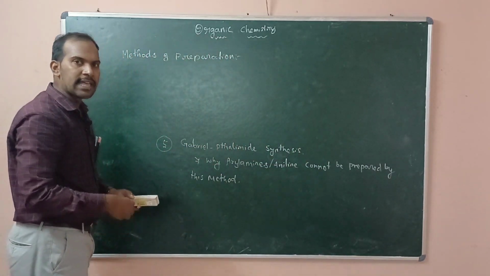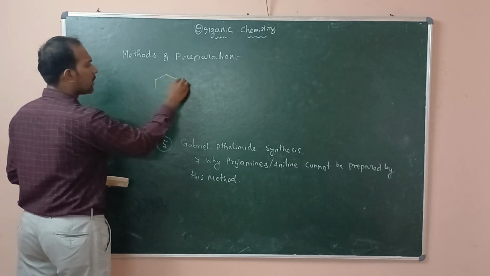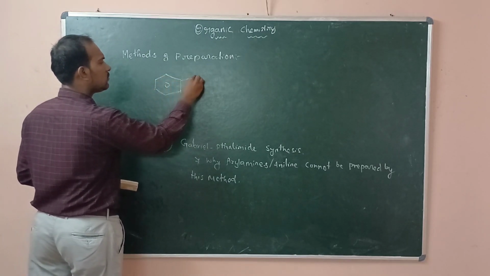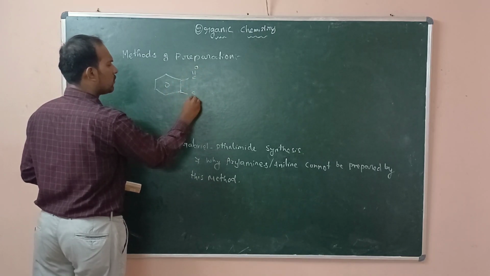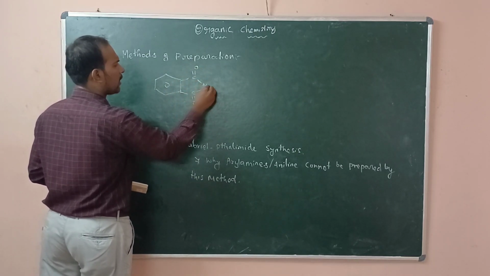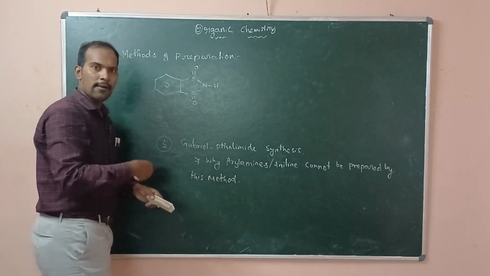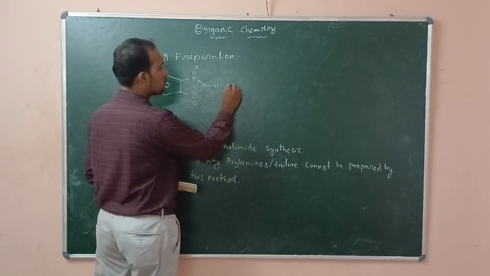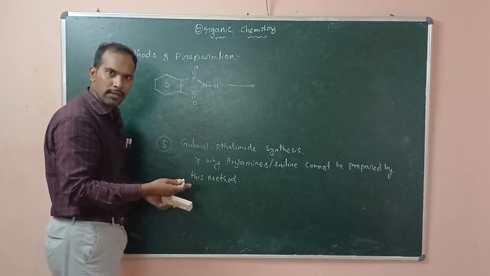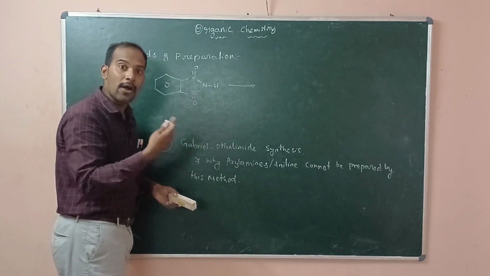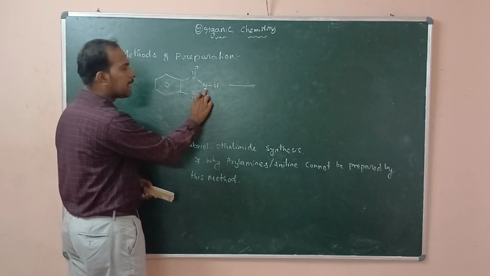First let us take phthalimide. Phthalimide means benzene with C double bond O, C double bond O, NH, and we have to add KOH. When we add KOH, this nitrogen becomes more ionic and gets the negative charge.